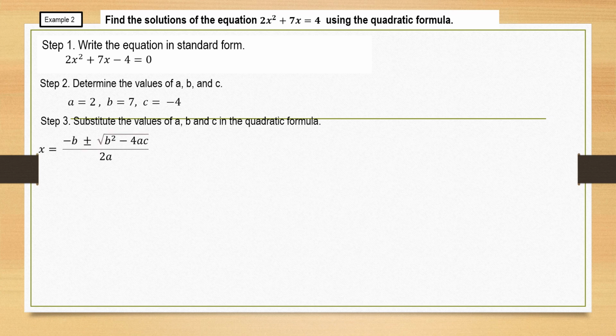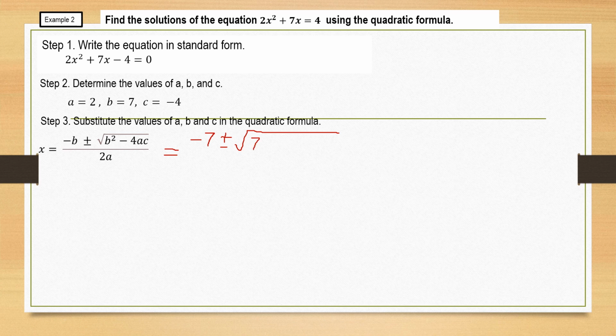Step 3. Substitute the values of a, b, and c in the quadratic formula. The quadratic formula is given by negative b plus or minus the square root of b squared minus 4ac, all over 2a. So let us substitute the values of a, b, and c in the given formula. We have negative the value of b, which is 7, plus or minus the square root of b squared.